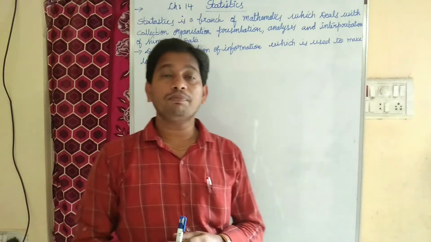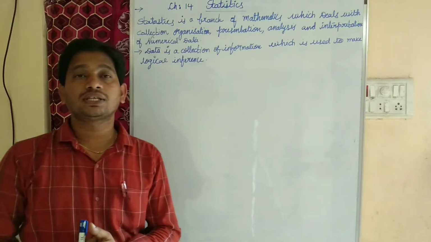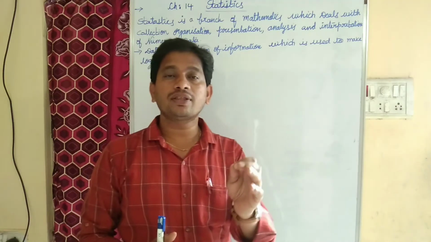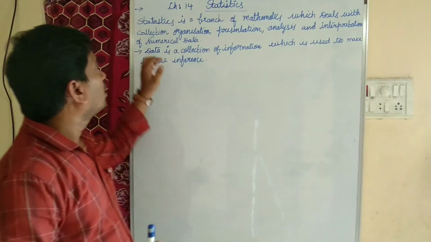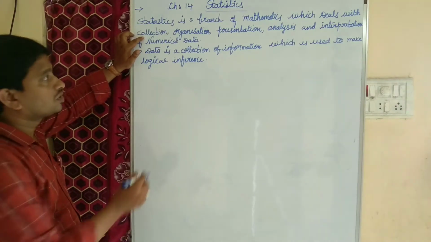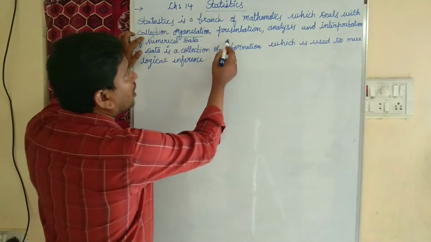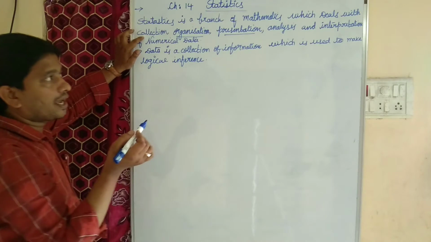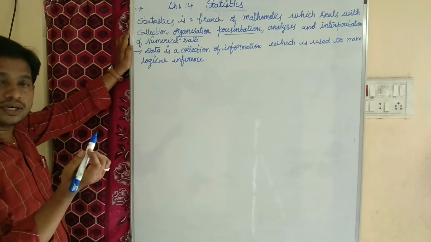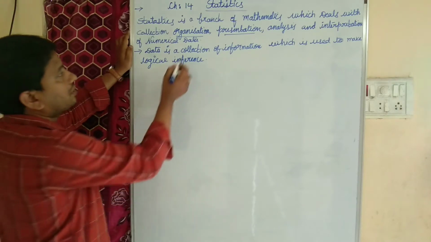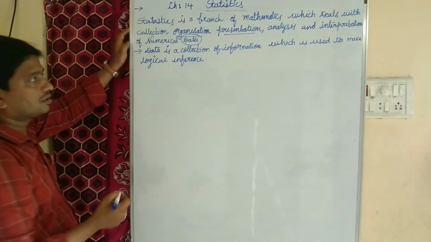So what do you mean by statistics? Statistics is a branch of mathematics which deals with collection, organization, presentation, analysis and interpretation of numerical data. Children, what do you mean by data?